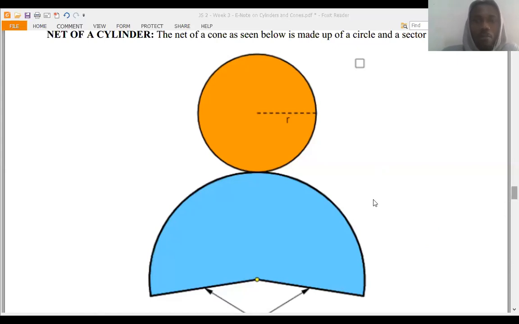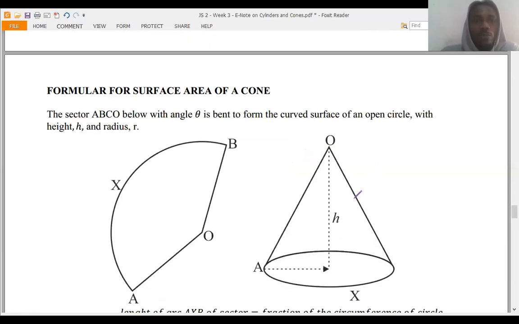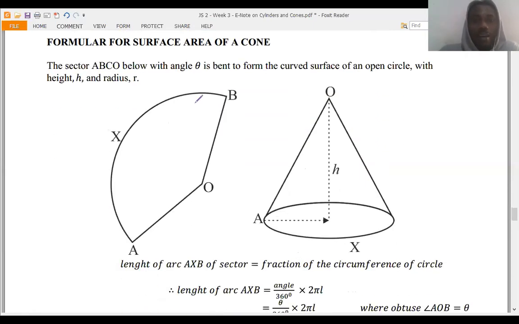Now, welcome back. Let's look at the formula for the surface area of a cone. Now I have a semicircle and a complete cone. Let me quickly explain the concept here.